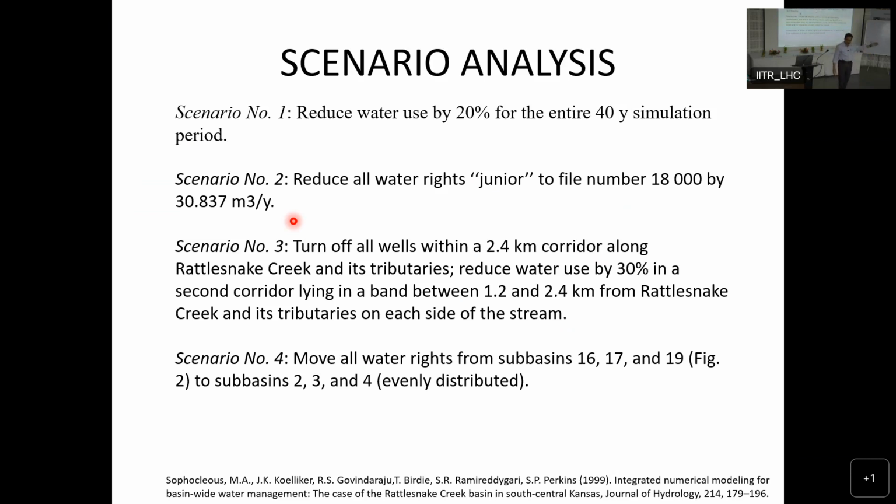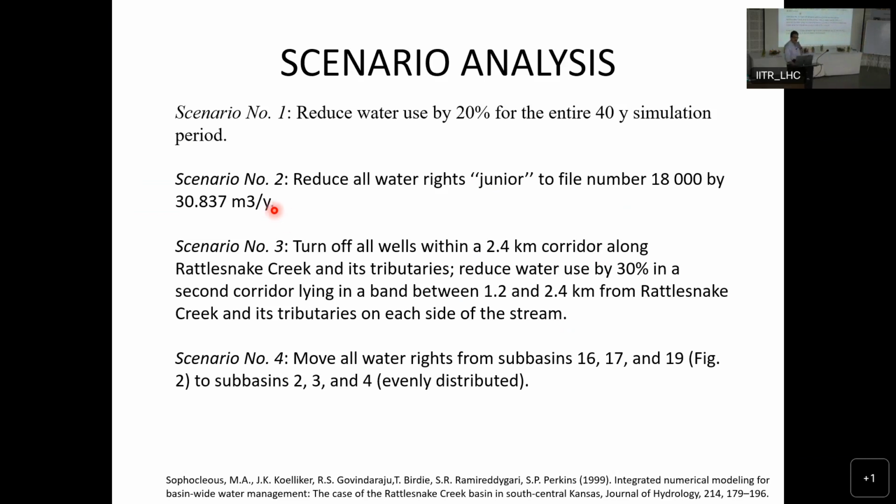So my water right is junior to yours because your water right was granted earlier. If any curtailment has to be done, it's first done for the junior water rights. I think it's similar for India also.